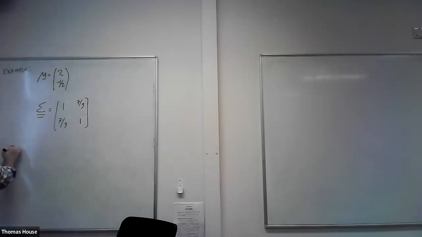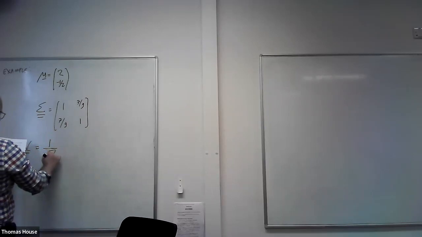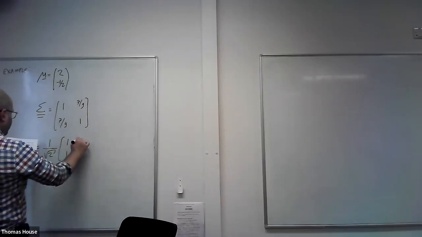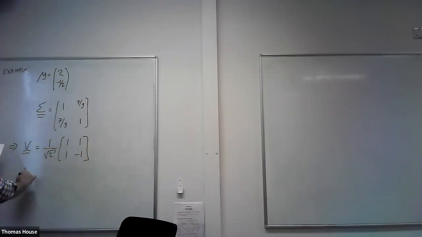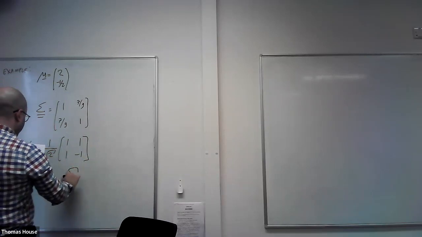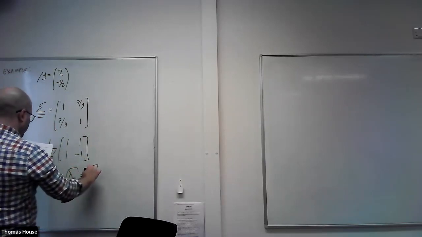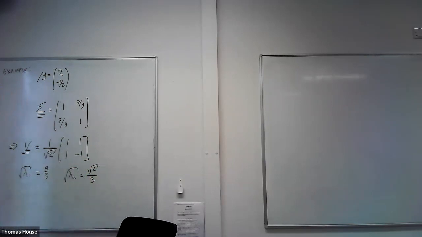And this implies, after a bit of work that we've done in the problems, that B is 1 over root 2 times (1, minus 1), and root of lambda 1 is 4/3, and root of lambda 2 is root 2 over 3. Okay. So that's one example. You can derive those things.